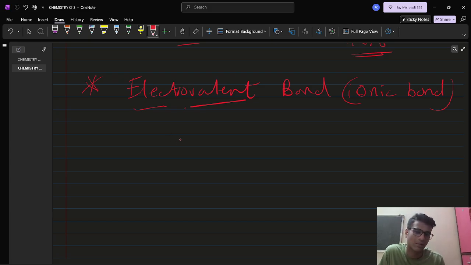We'll do another example of calcium. So this is the nucleus. Calcium's electronic configuration, you should know. I'll of course tell, but first 20 elements तो आने ही चाहिए. 2 8 8 2.